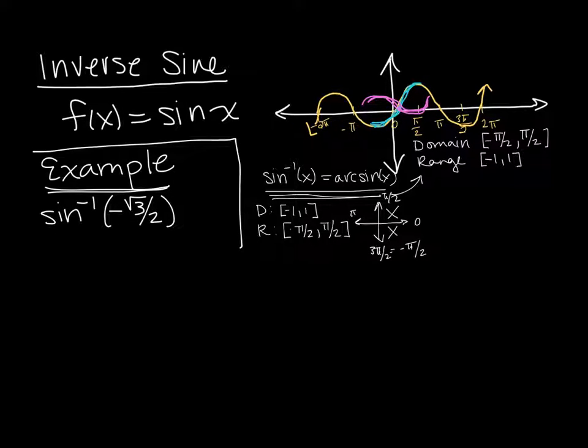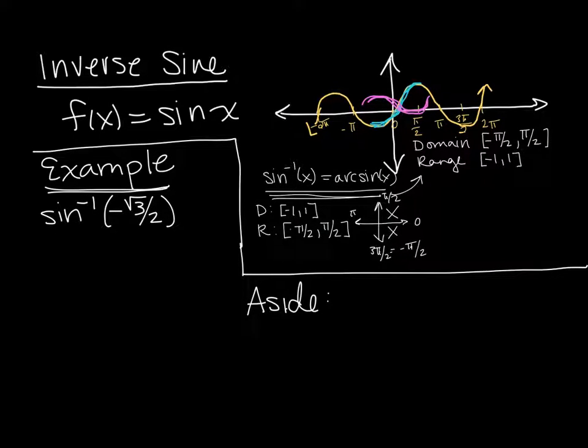The first thing we want to think of is, where is the sine function equal to the square root of 3 over 2? Well, I always have to think back to the different triangles. Since the opposite side is the square root of 3, and the hypotenuse is 2, that means my missing side is 1.